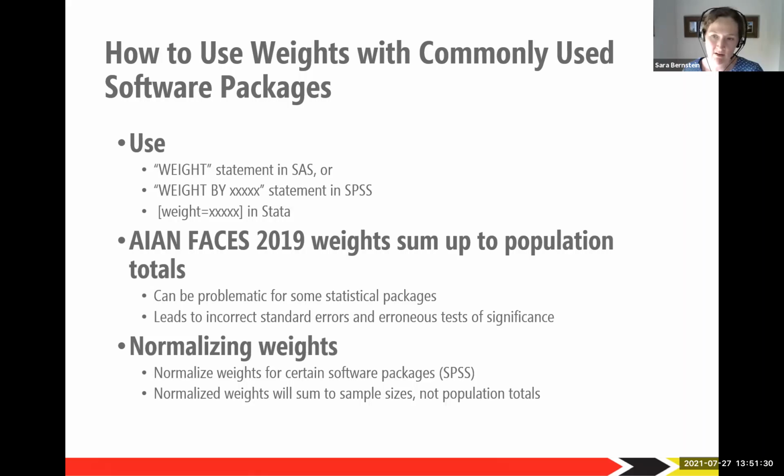So if the package that you're using for your analyses uses the weighted N instead of the unweighted N, or the actual sample size, you'll want to normalize your weights. We talk about that a bit in the getting started section of the user's manual. Once you do that, the weight will sum to the sample size, and the unweighted N will be used when calculating those variances and standard errors.